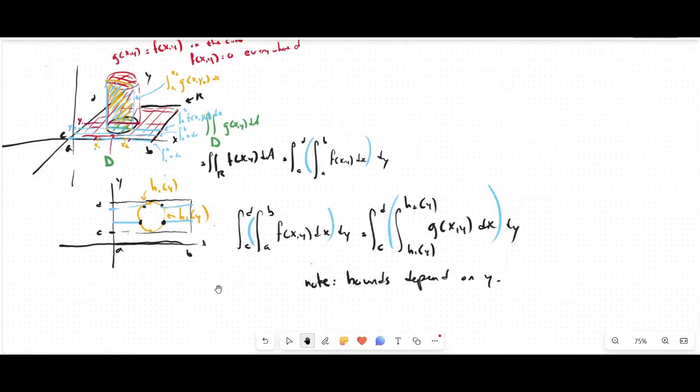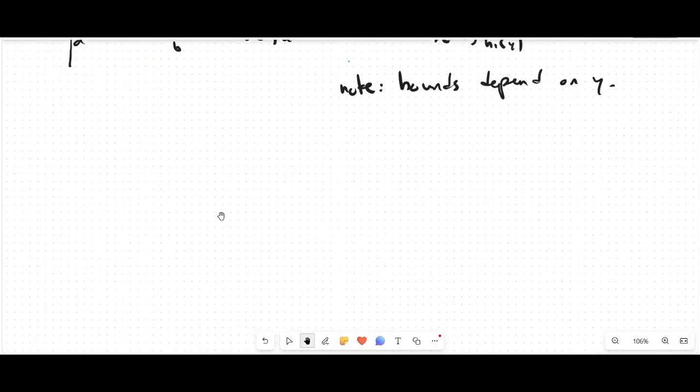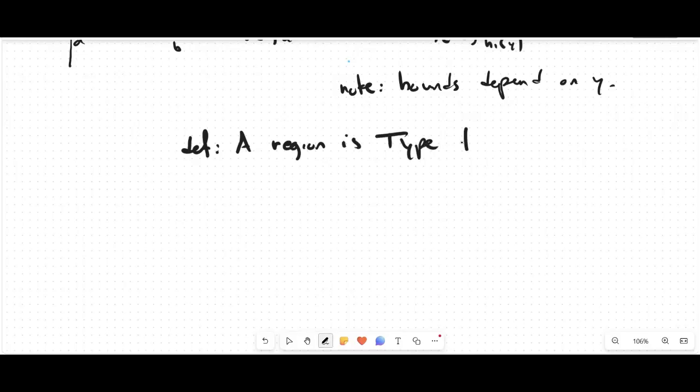Okay, so here's the deal. A region is called type 1 if, so first I'll draw a picture.